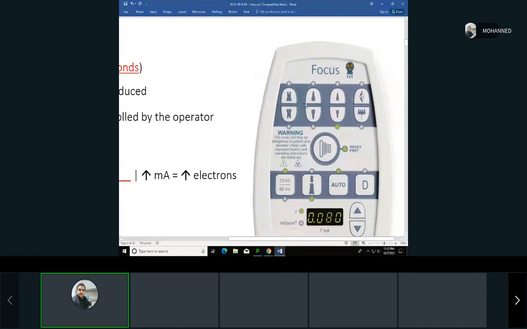For a posterior tooth, the exposure time is more. That's why we say that's usually the main thing we can control, because the kilovoltage and milliamperage we usually cannot change.